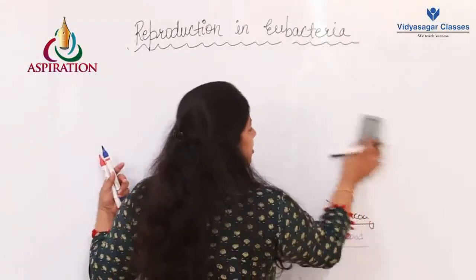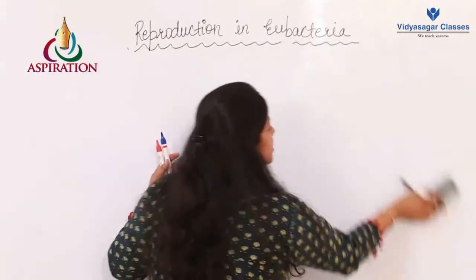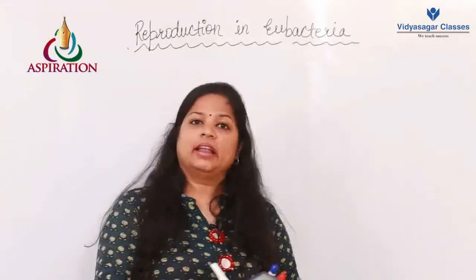Now come to the next topic, that is parasexuality in bacteria, which is a primitive type of sexual reproduction present in bacteria.